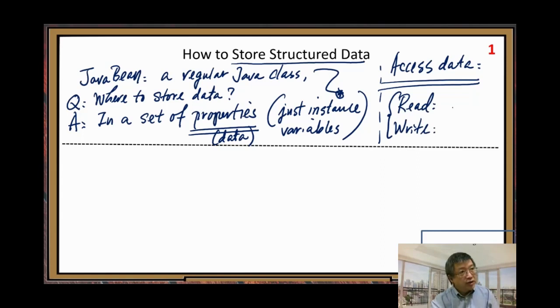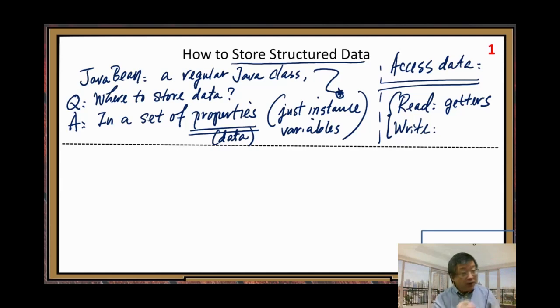For the read operation, to get data from the properties, we use getters. We call the special methods getters. So what is a getter? Get plus the property name. For example, suppose you want to get first name: getFirstName. Because when you name it that way, people can use those methods easily.